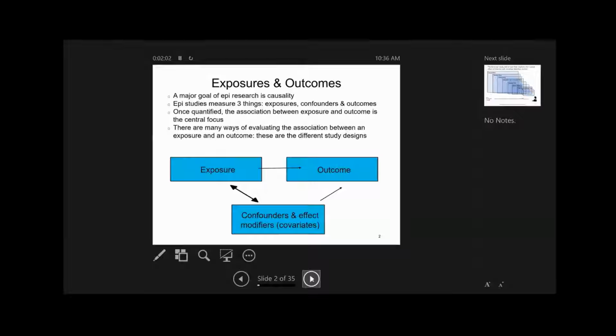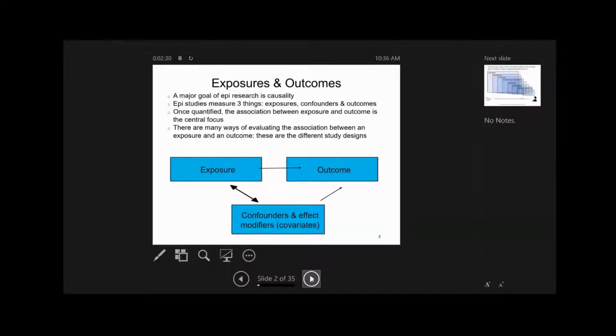Okay, and then along with the exposure and the outcome, which both need to be measured, and you will learn more about how to measure them in a second, we also have to consider a whole bunch of other variables that we call covariates. Covariates, which means it varies with the primary measurement. Okay. For example, we never would study age without studying sex, right?